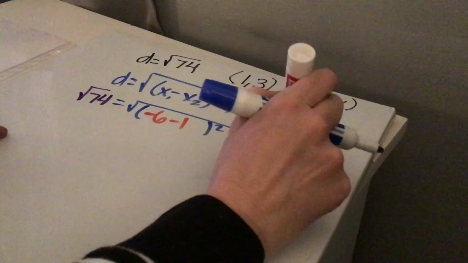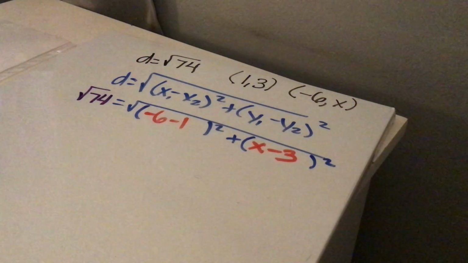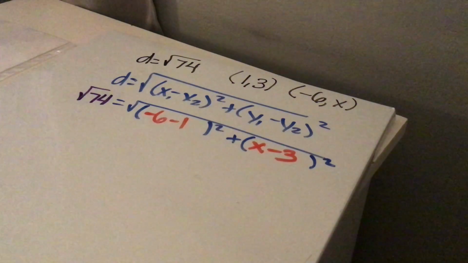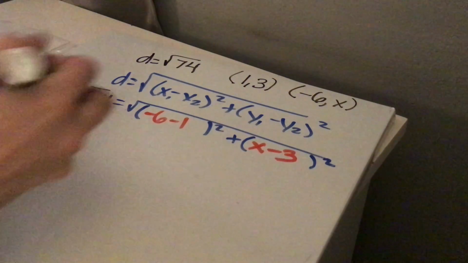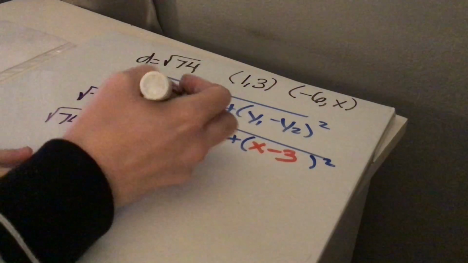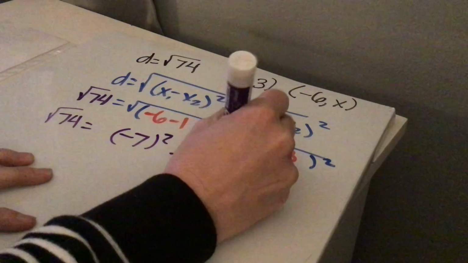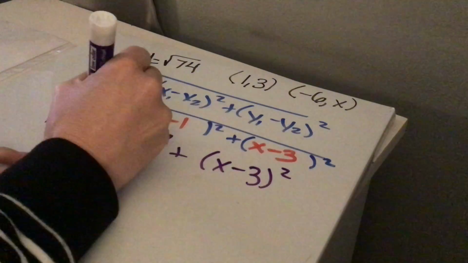Their y values would be x minus 3. Then we have to get x by itself. So just start simplifying. Square root of 74, we can't simplify. Negative 6 minus 1 is negative 7. You can't simplify x minus 3.